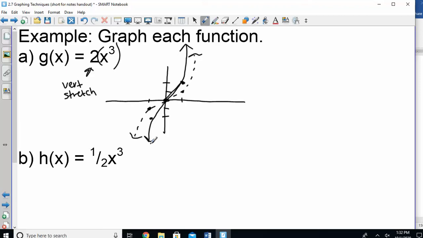If I look at B, so 1/2 x cubed. Same parent function.